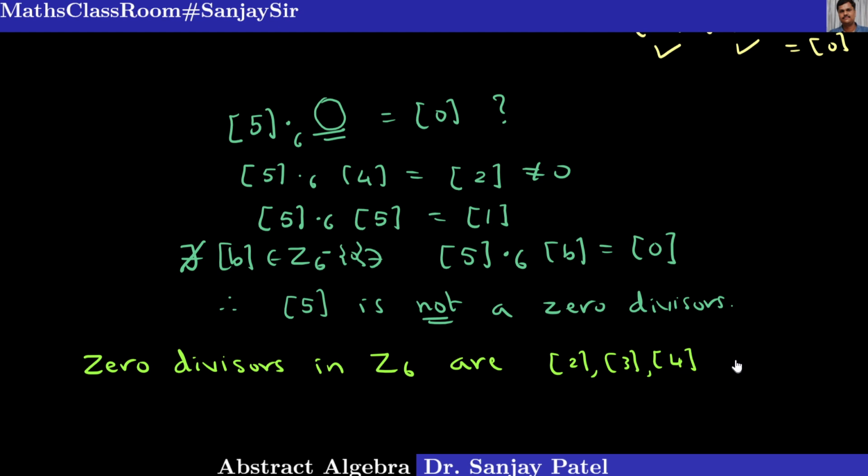These are the only 3 elements which are 0 divisors, while class 1 and class 5 are not 0 divisors.